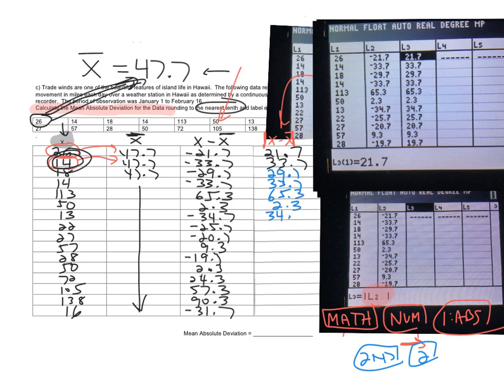But to calculate our mean absolute deviation, you're going to take the mean of list 3. So you have to have the calculator create the list for you so that you can take its mean. So I'm filling in my last column with all of the numbers in the previous column positive. Take a minute and do that as well.